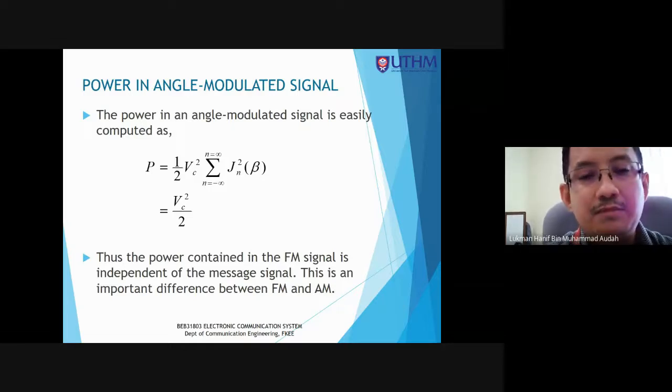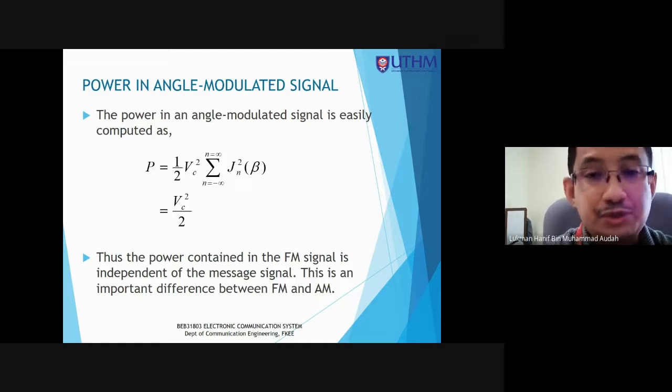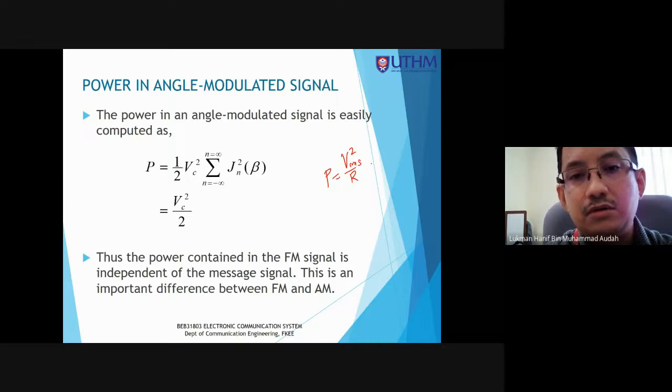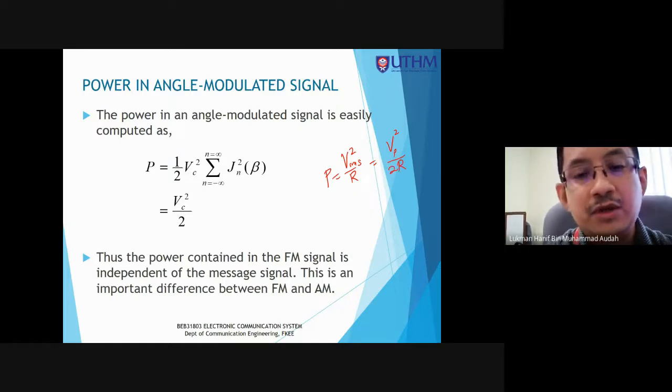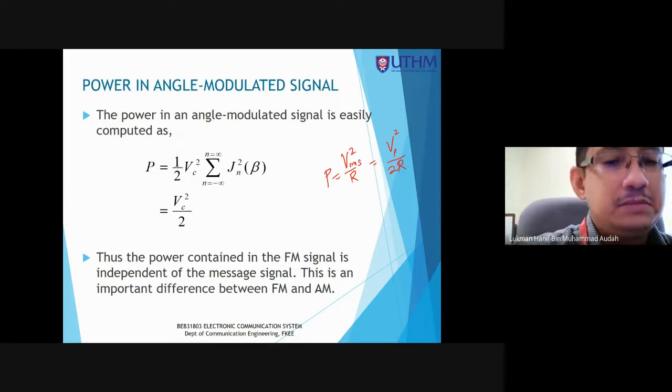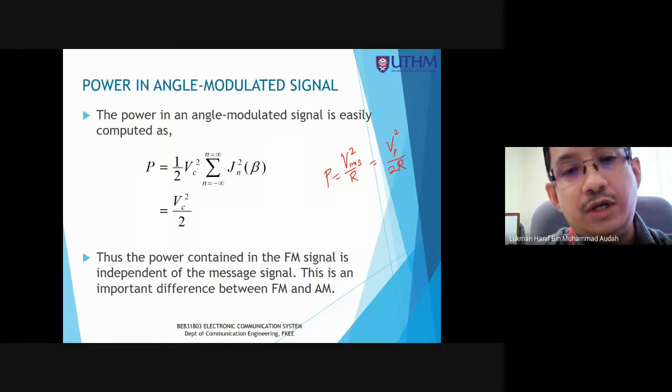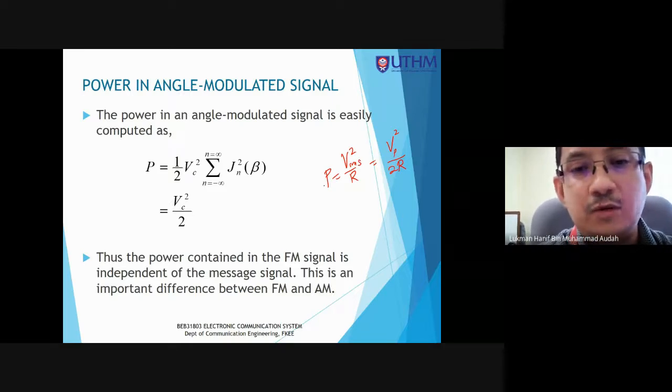Remember the equation for power as usual, which is P is equal to V square over R if this is RMS, or you can also use V square, which is a peak voltage, divided with 2R. So the power equation is actually still the same. As I told you, always and forever, the power equation is still the same. V square over R.